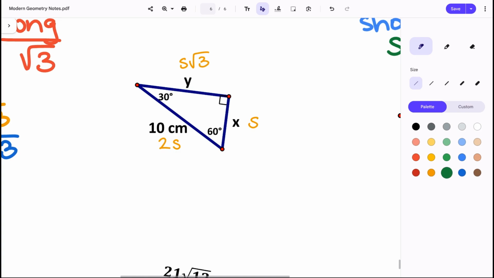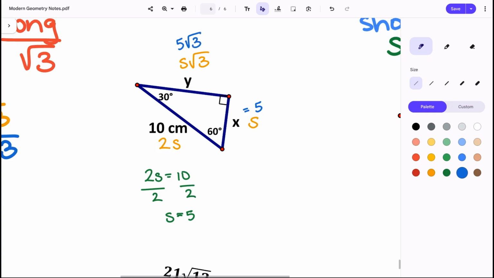How would you, in this one, solve for just S? You would divide 10 by 2. So S is how much? 5. Good. So S is going to be 5. So the X side should be what? Good, 5. And the Y should be 5 square root of 3. There you go.